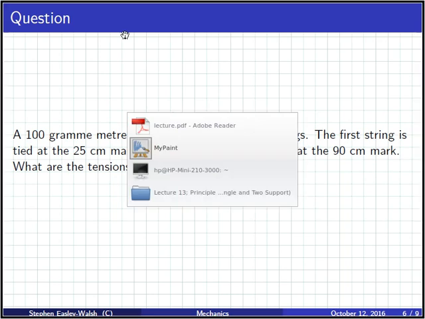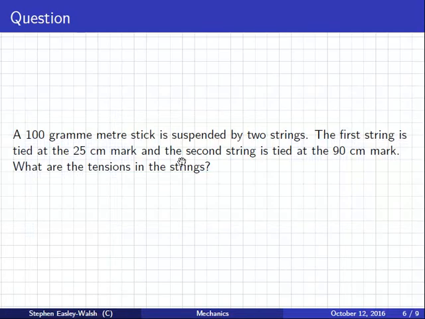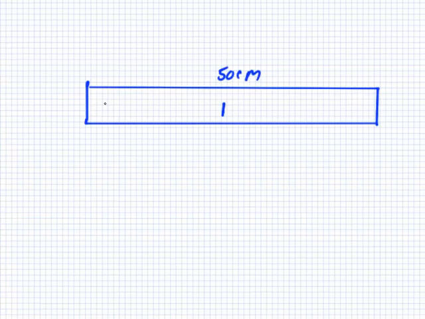Okay, so we have a meter stick, meaning it's 1 meter long. So here is the 50 centimeter mark. Here is the 25 centimeter mark.